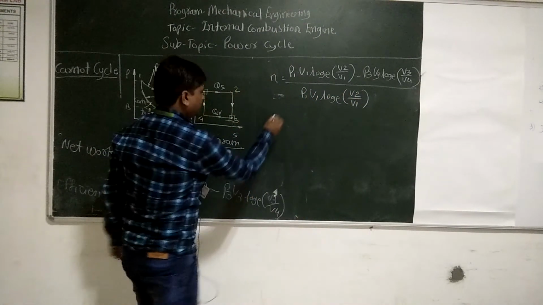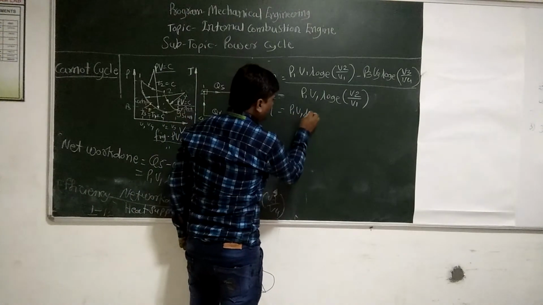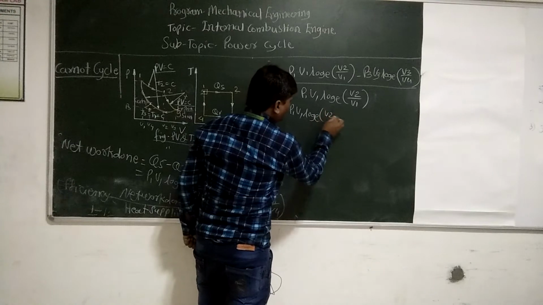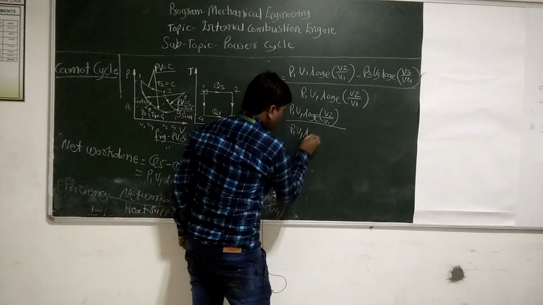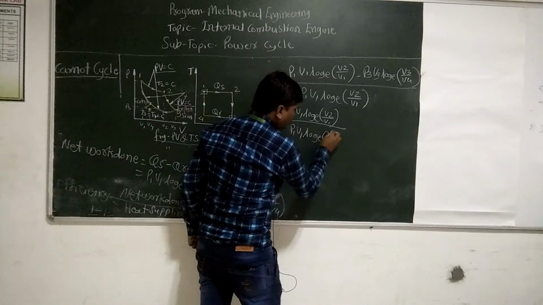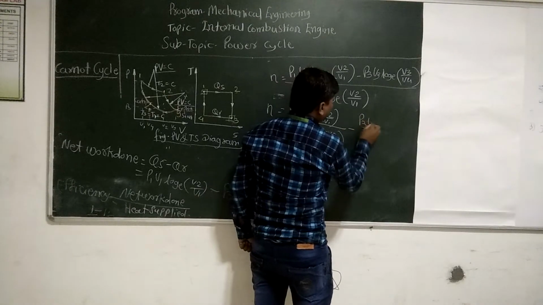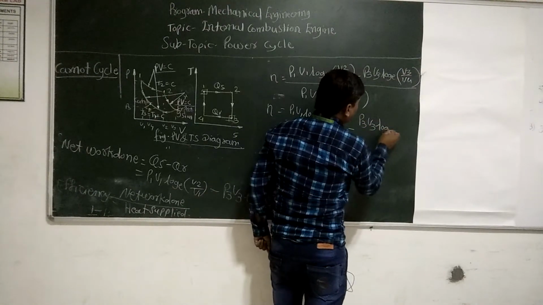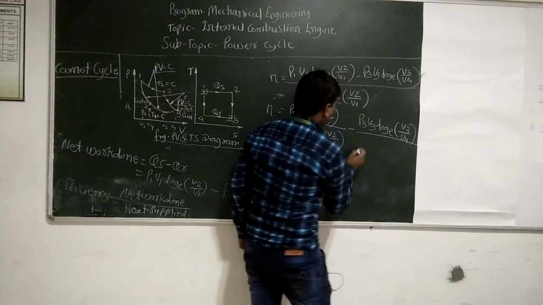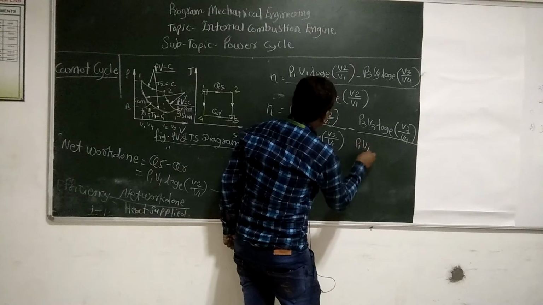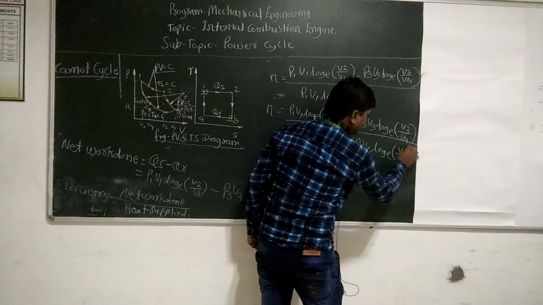Then efficiency is equal to P1 V1 log of e V2 upon V1 divided by P1 V1 log of e V2 upon V1, minus P3 V3 log of e V3 upon V4 divided by P1 V1 log of e V2 upon V1.